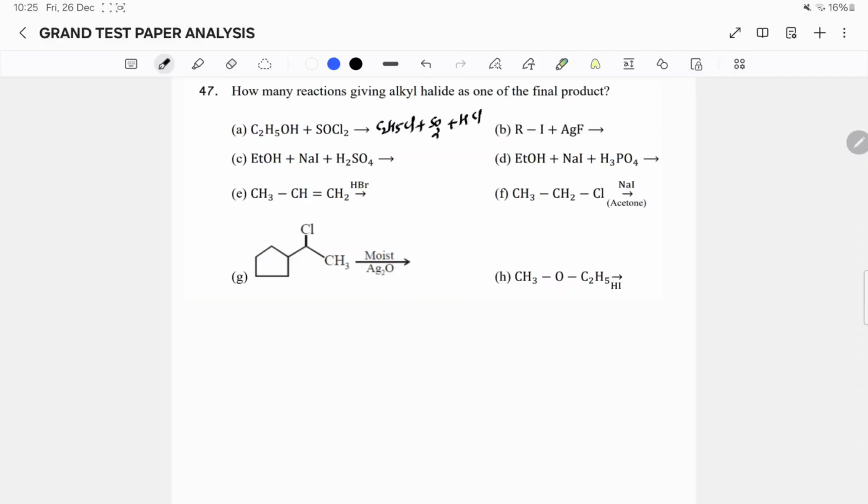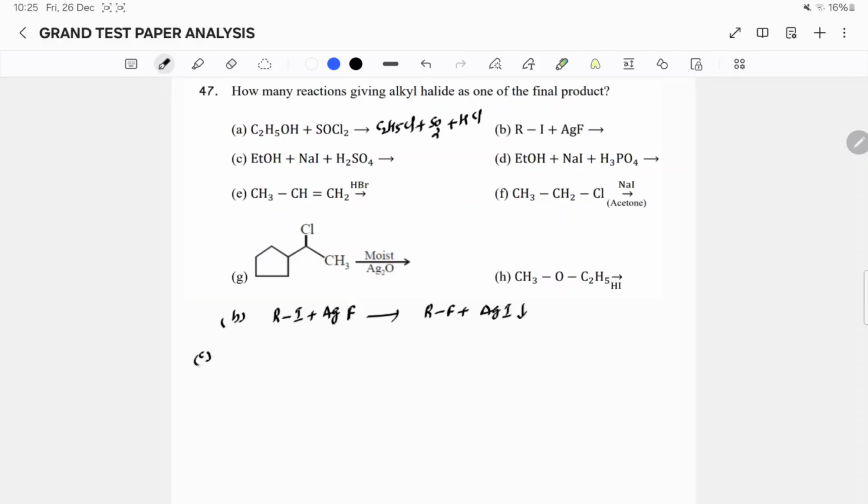Similarly, if ethyl iodide is reacted with AgF, this is a halogen exchange reaction called the Swarts reaction. This will give alkyl fluoride as the product and formation of AgI precipitate.